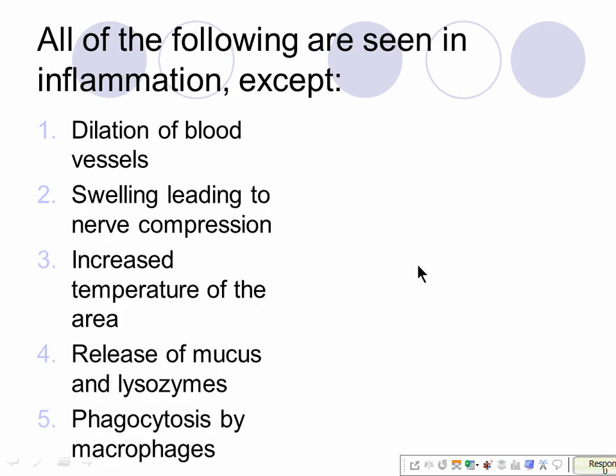Okay, let's do a little review. Which of this is not seen in inflammation?